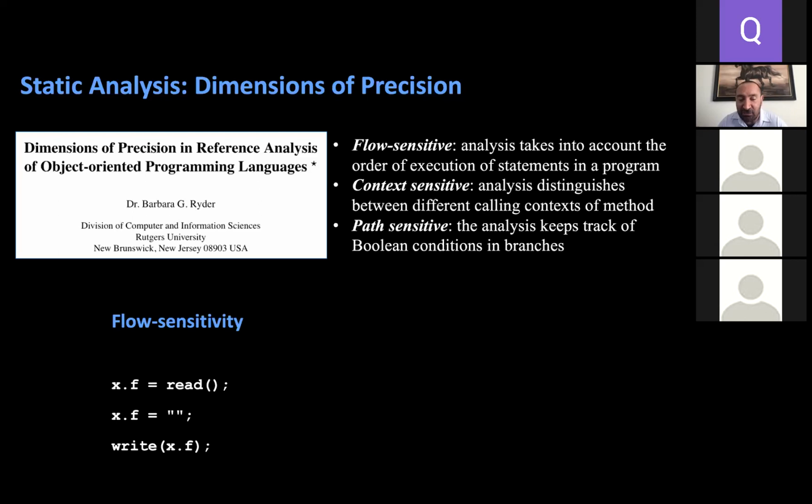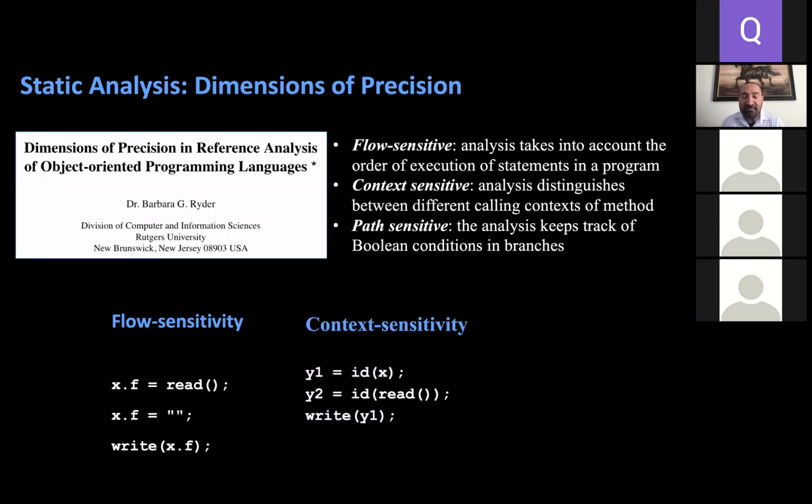But an analysis that is flow insensitive will not be able to realize that the field was overwritten, and will collect both the confidential data and the empty string, and conservatively it will report that there is a confidentiality violation. So that's a source of imprecision.